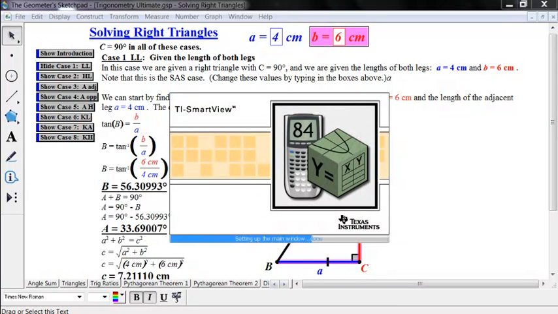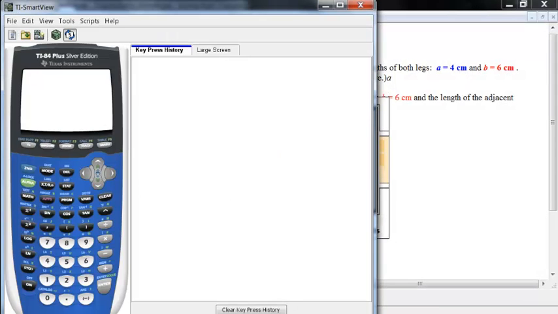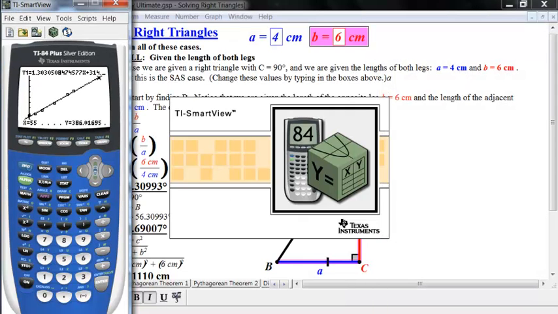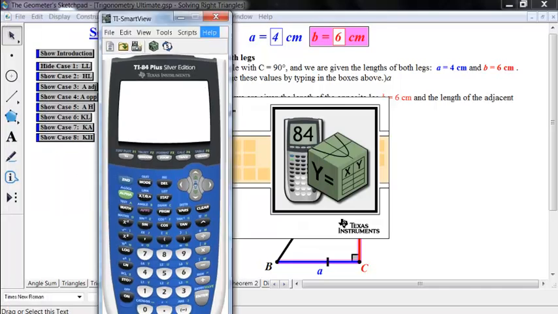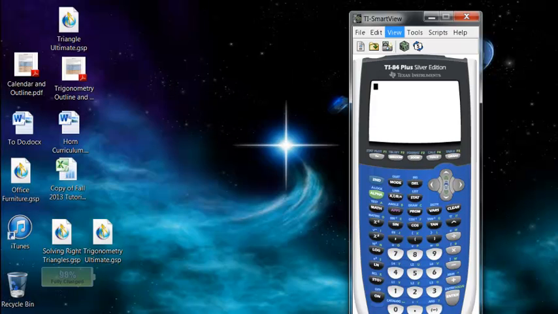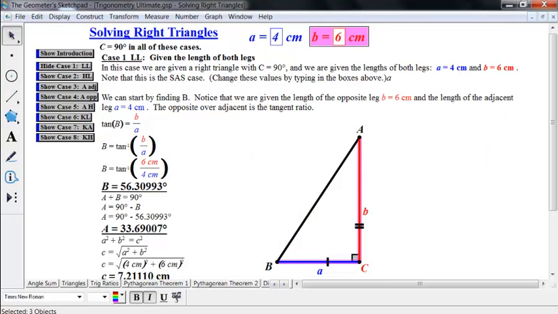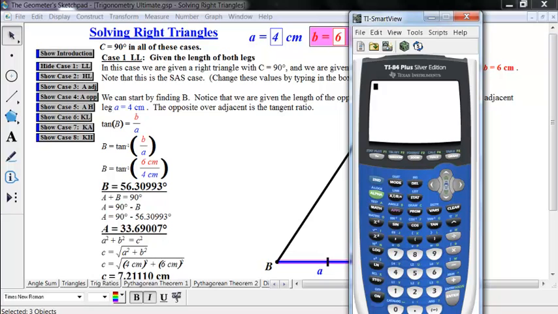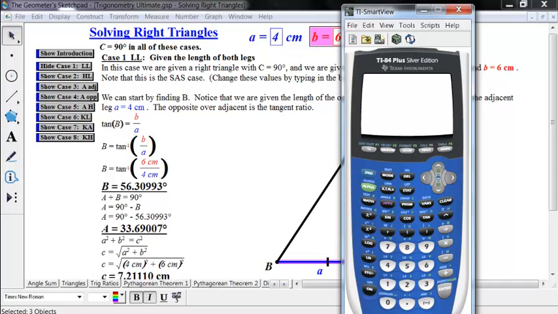Okay, so let me just show you how to do that on the calculator real fast as well. So this sketch will actually show you the steps and show you the computations. Let's clear this all out. And since on this one we're going to be doing things in degrees, let me go ahead and put it in degree mode, so when it does an inverse trig function it will come out in degrees.